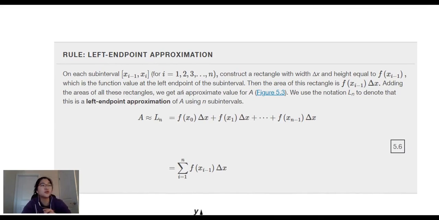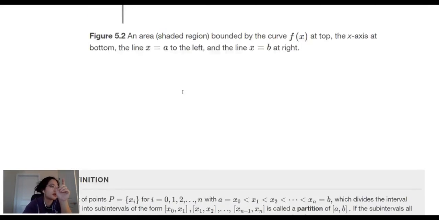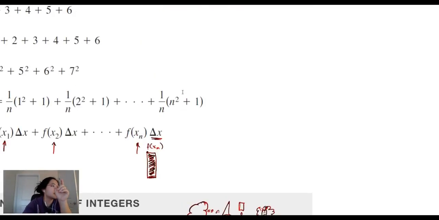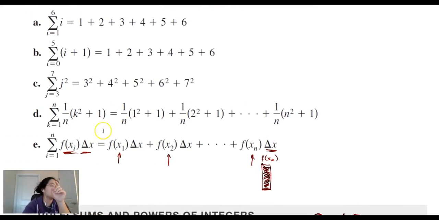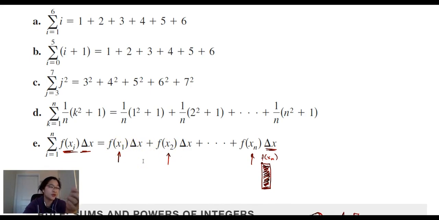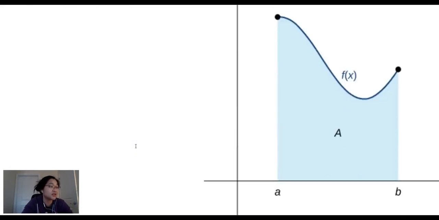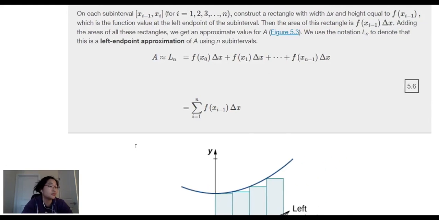So what are we going to use a partition for? Remember how we talked about area, where this gives us the area of a rectangle: we evaluate some function and multiply by some change in x. This is a regular partition with a constant delta x, so that's nice.